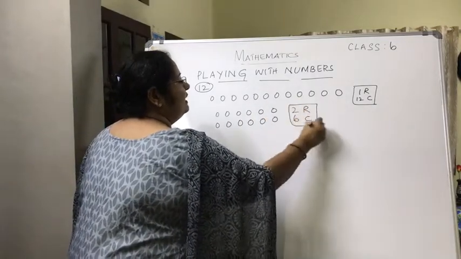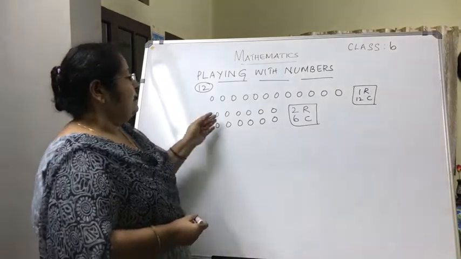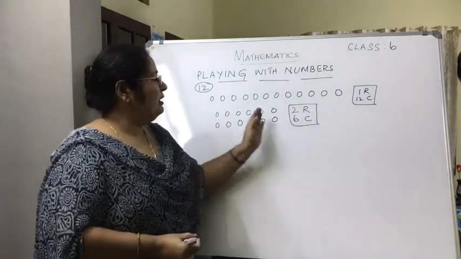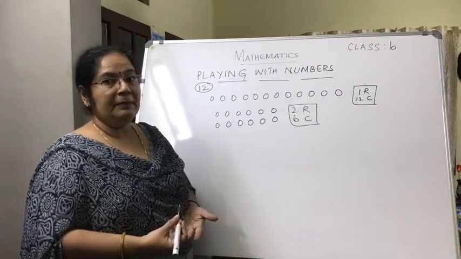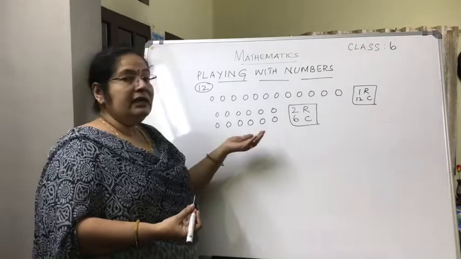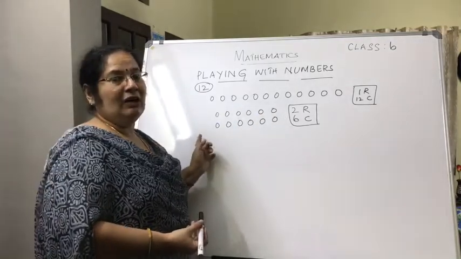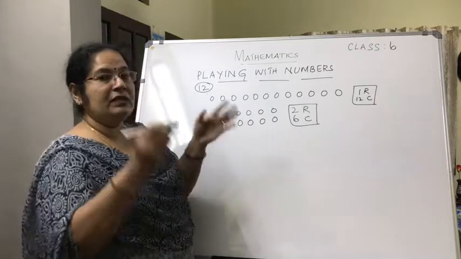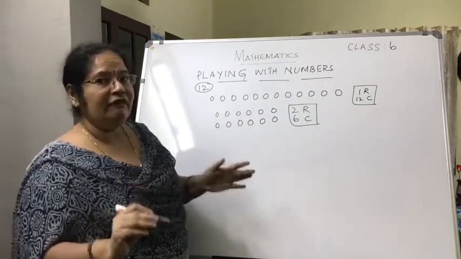This also is another representation for the number 12 or the 12 beads. See, is there anything extra there? After putting these 2 rows and 6 columns, is there any bead left out with me? No. Or am I in need of more beads so that I can arrange it equally or completely? Are the rows and columns being filled? Yes, the rows and columns are completely filled.